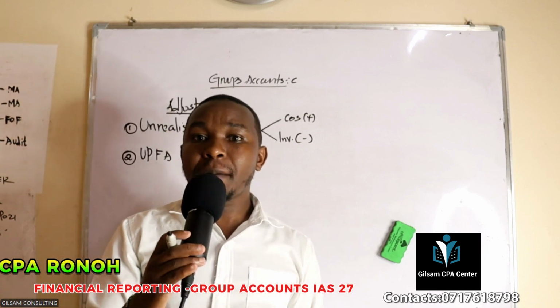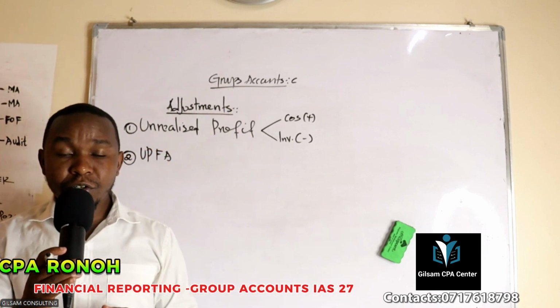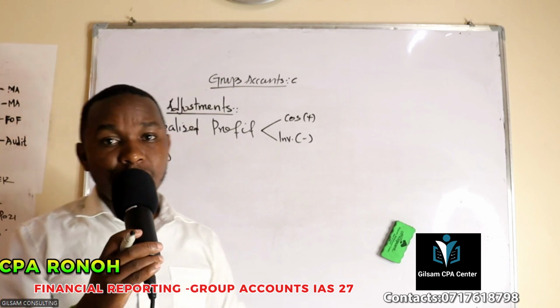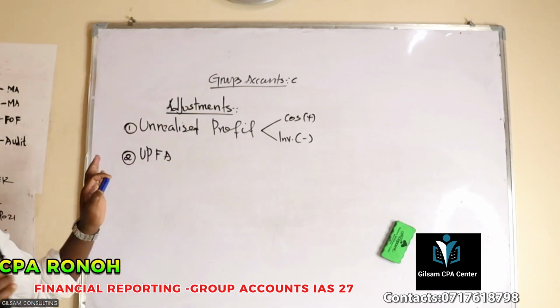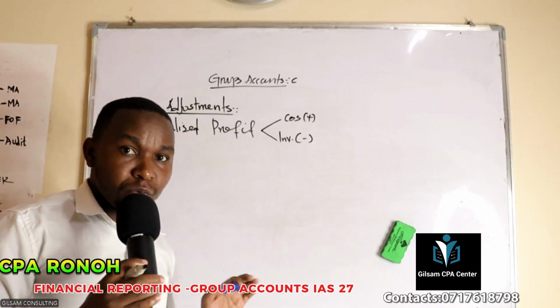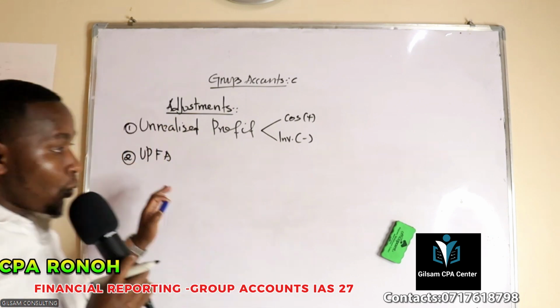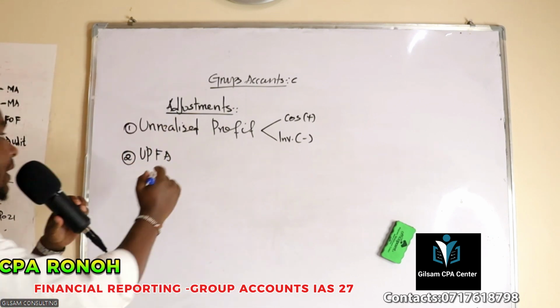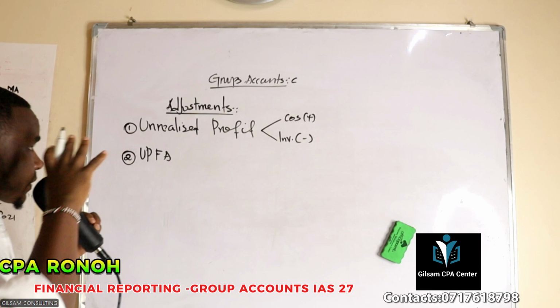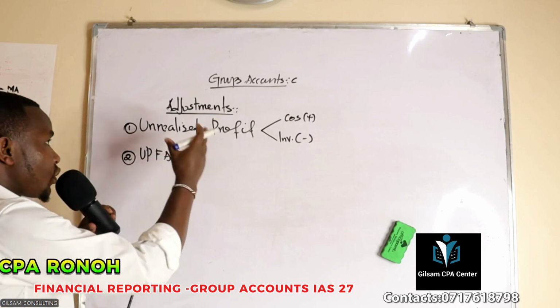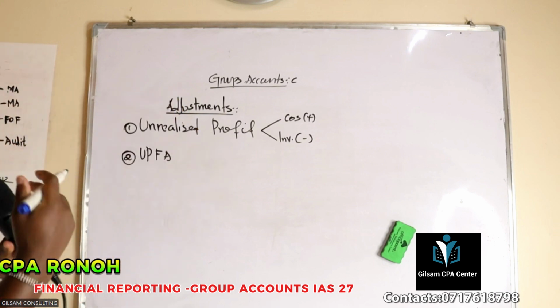We said for a profit to be recognized in the group account, there must be third party involvement, but here we don't have it. So the parent company sold the fixed asset to the subsidiary at a given profit margin.